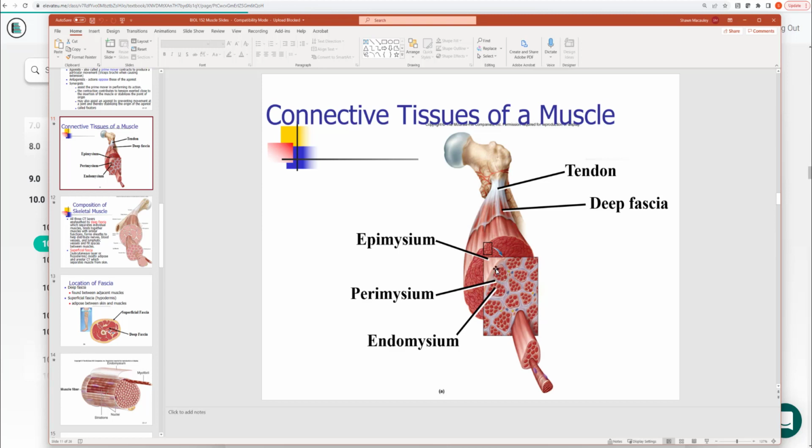Each fascicle is surrounded by perimysium, so that's sort of the periwinkle color here. And then I know that each of the structures inside the fascicle is an individual muscle cell. So here is a fascicle, and then sticking out of it is an individual muscle cell. And I know that there will be endomysium surrounding each of those muscle cells.